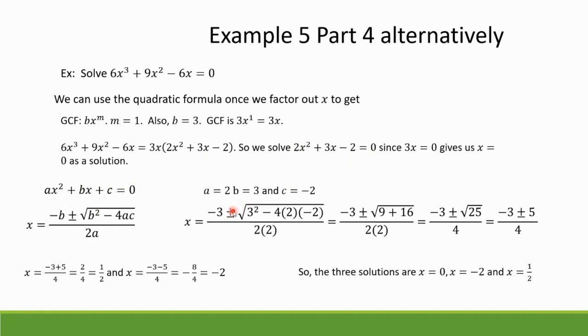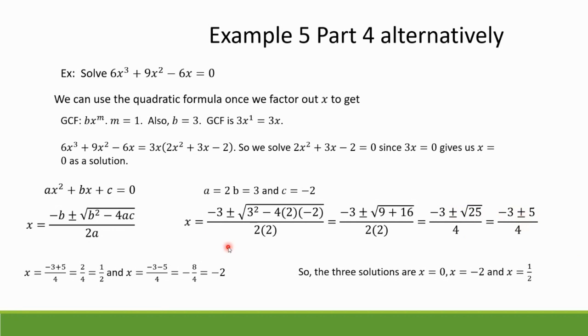You get -3 plus or minus the square root of 3 squared minus 4 times 2 times -2 over 2 times 2. And if you do the work, you get negative 3 plus or minus the square root of 9 plus 16 over 4, which is negative 3 plus or minus radical 25 over 4.